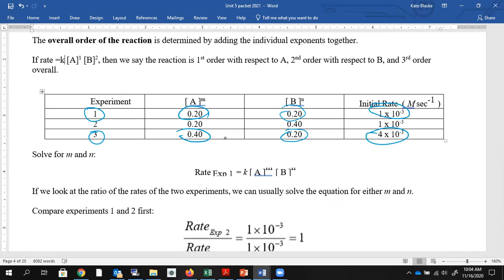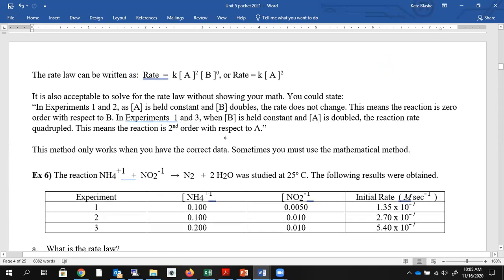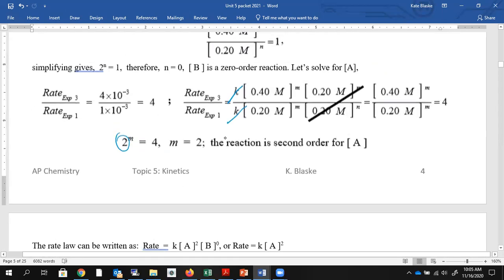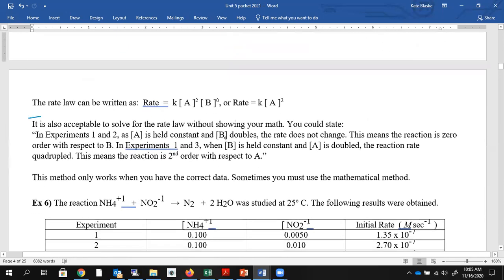So if that is always true, if my concentration goes by a certain factor and my rate goes up by the square of that factor, then I know that I have second order. So again, if this was a problem on a test or a quiz, you could write this out either way. You could either show out your math to find those exponents, or we could say out in words explaining how we can see those relationships.